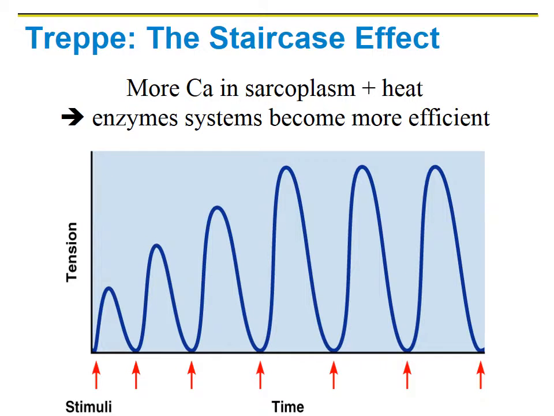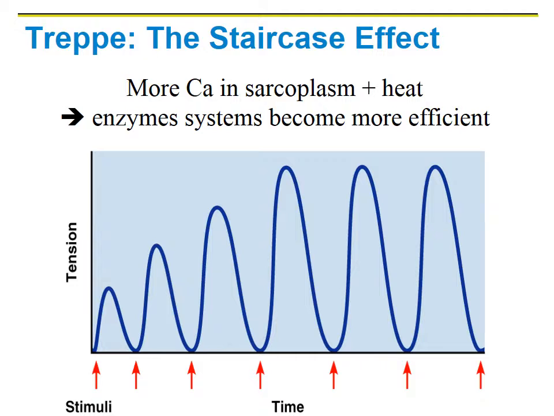Wouldn't it be great if you could get the benefits of increasing force of contraction without going into tetanus? Well, that's exactly what happens in Treppe. Here we see multiple stimuli. However, the cells are allowed to complete a twitch before being stimulated again. We can see the increased tension generated with each peak.